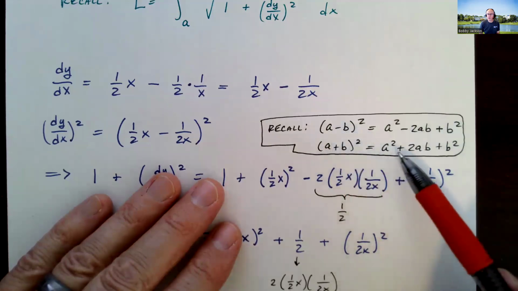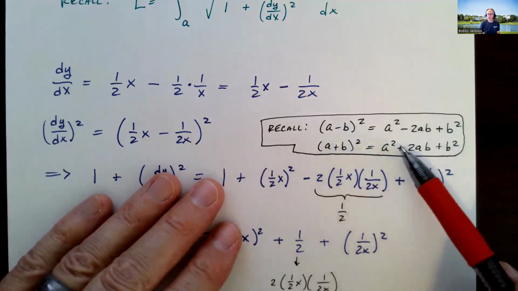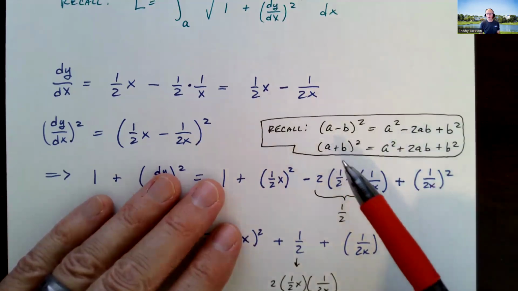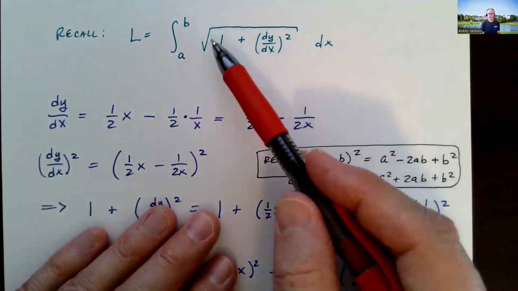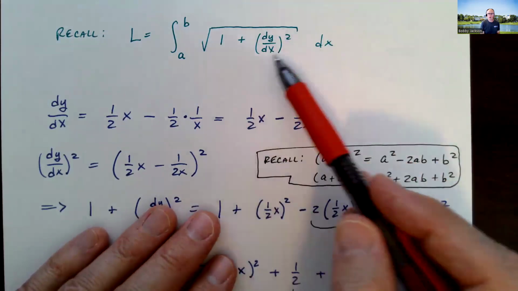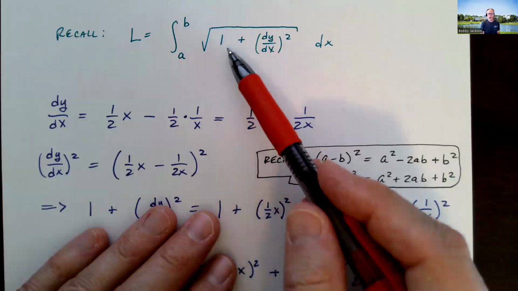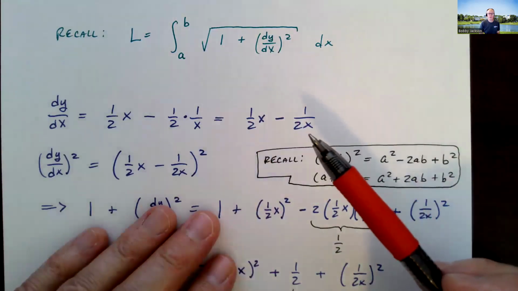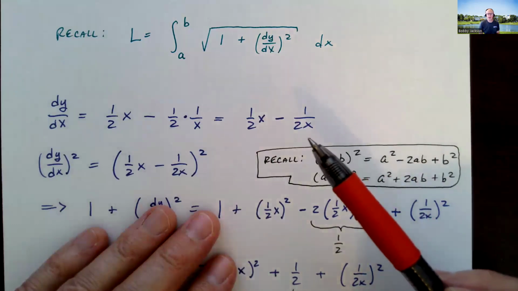Well, the inner and outer are both positive, so we just have a plus here instead of a minus. So remember these two forms, because that's important. The goal in here is to basically simplify what's under the radical such that it is a perfect square. And then when we apply the square root, we clear out the expression and we can integrate it.